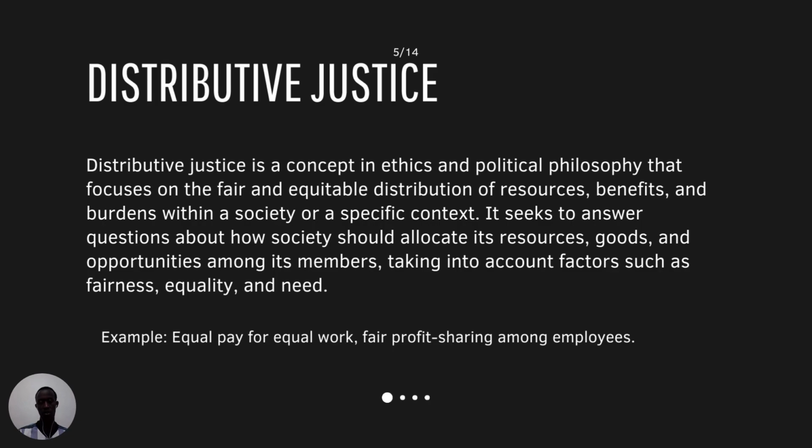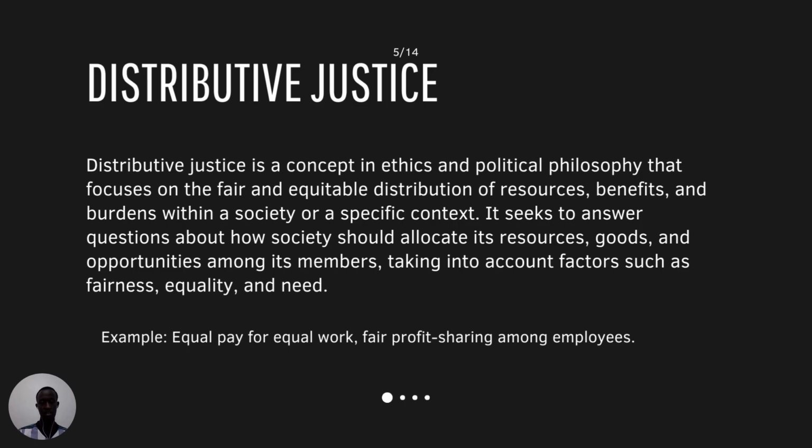The theory is concerned with how society should allocate resources, goods, and opportunities, taking into account factors such as fairness, equity, and need. These are the core values of this principle.